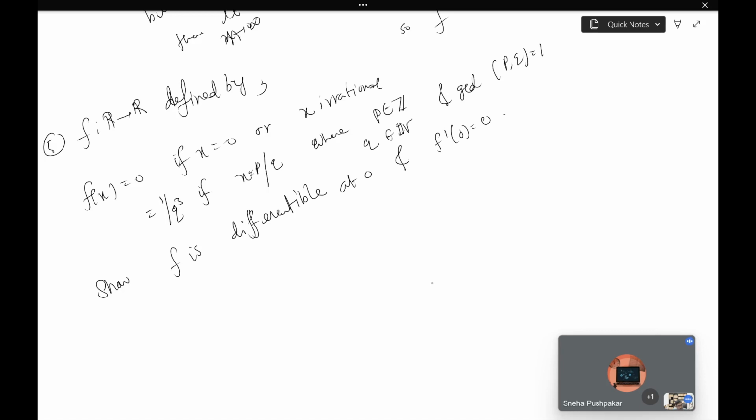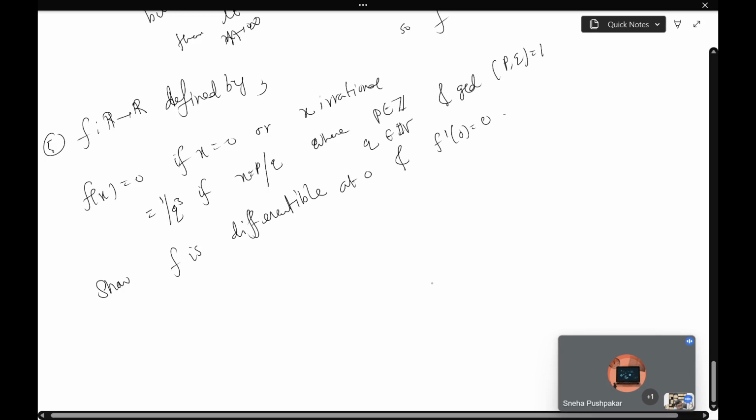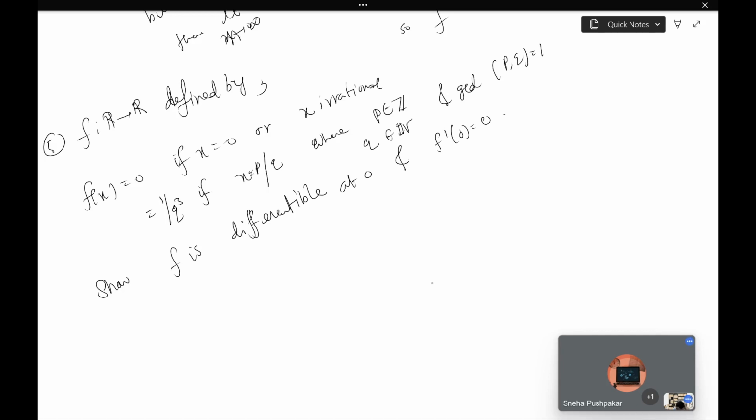So both are 0. Therefore, this function is differentiable and its derivative at 0 is also 0.